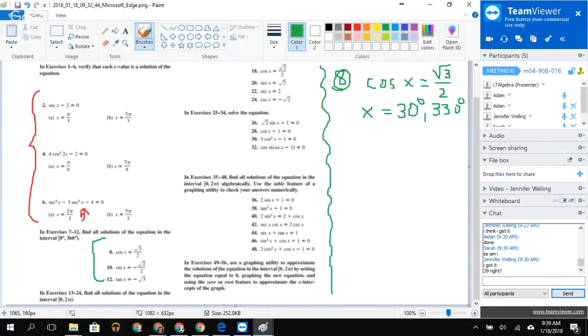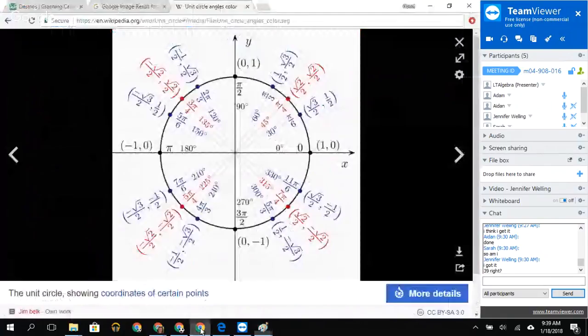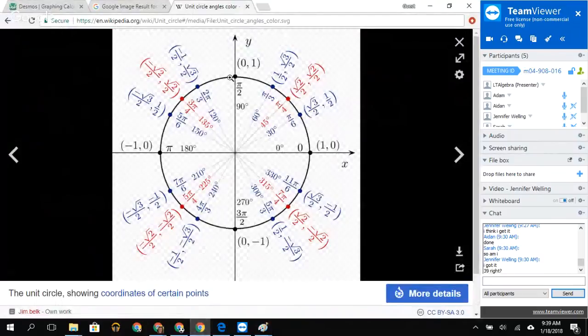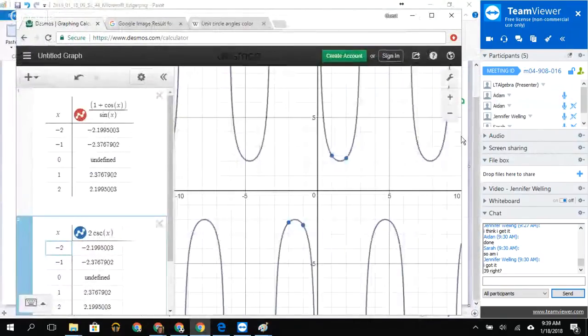Okay, one option. Another option, I mean, this is what we're doing, we're solving equations, right? Another option is graphing it. That's always an option. When you have two sides of the equation and you want to figure out when they're equal, you can always graph it and see when both are true. So if I go to Desmos, I'll make it a little smaller here so we can see.